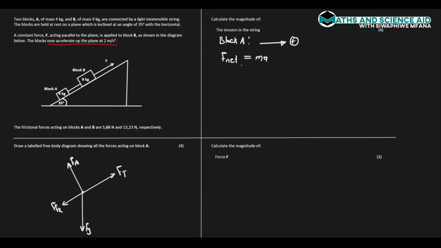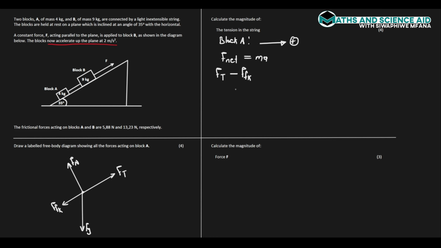So we must consider specifically the forces that are acting parallel to the plane, because those are the forces that will be responsible for the acceleration. So the first one is the tension force, and this tension force is acting up the plane, so it will be positive. And then the kinetic frictional force, which is acting in the opposite direction, will be negative.